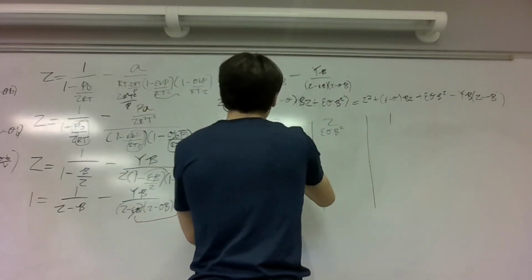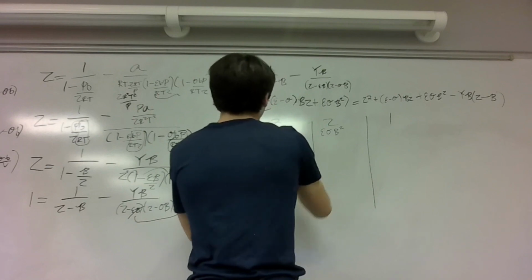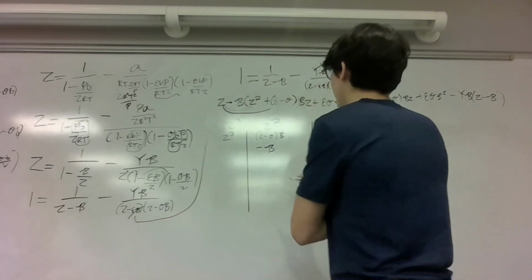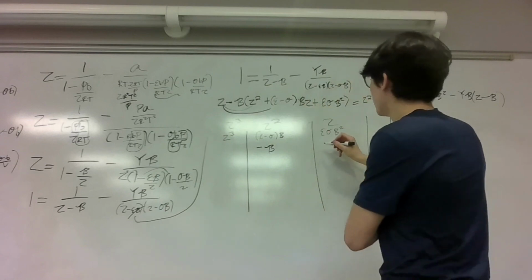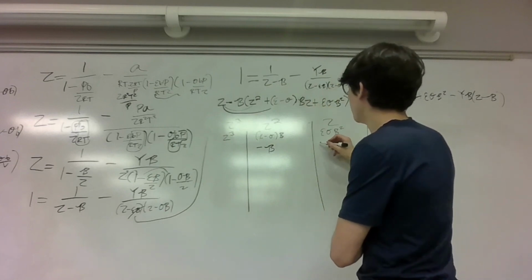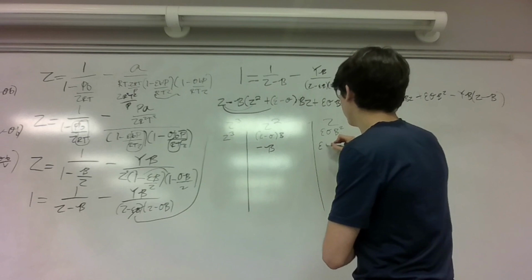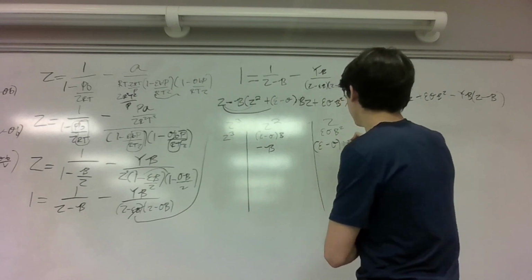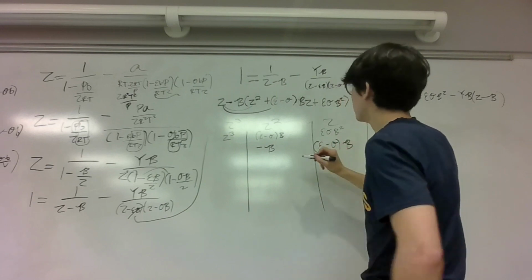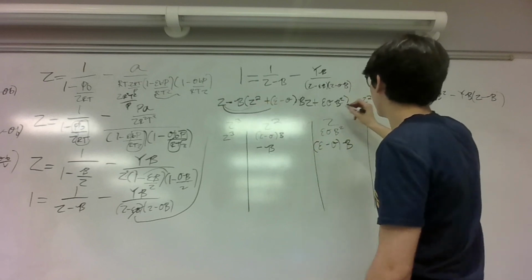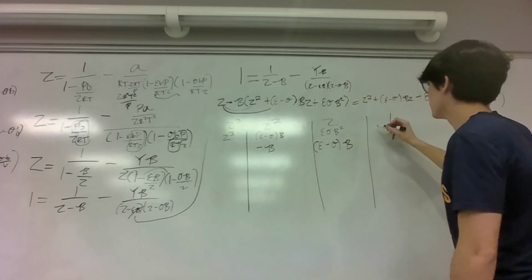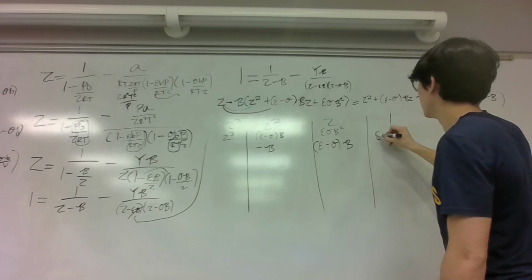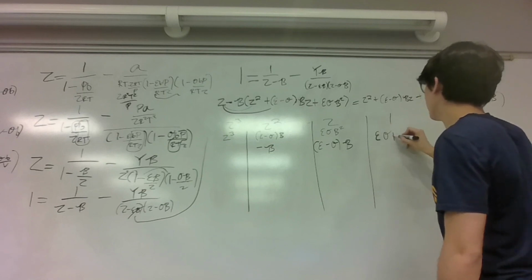So we'll get a negative beta. For the C term here, we'll get epsilon minus omega times beta. And then here we'll get a constant, epsilon omega beta cubed.